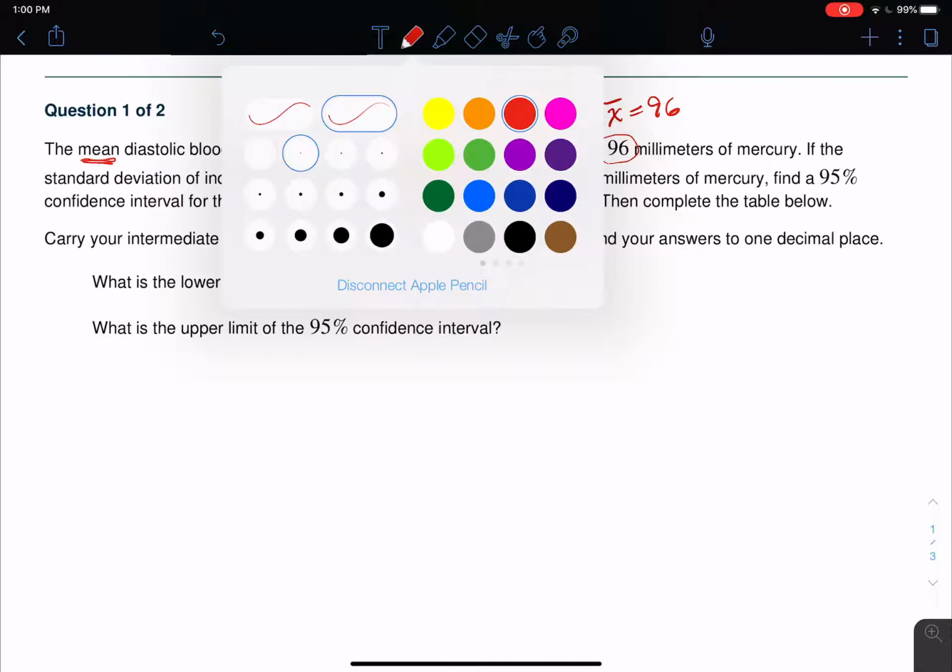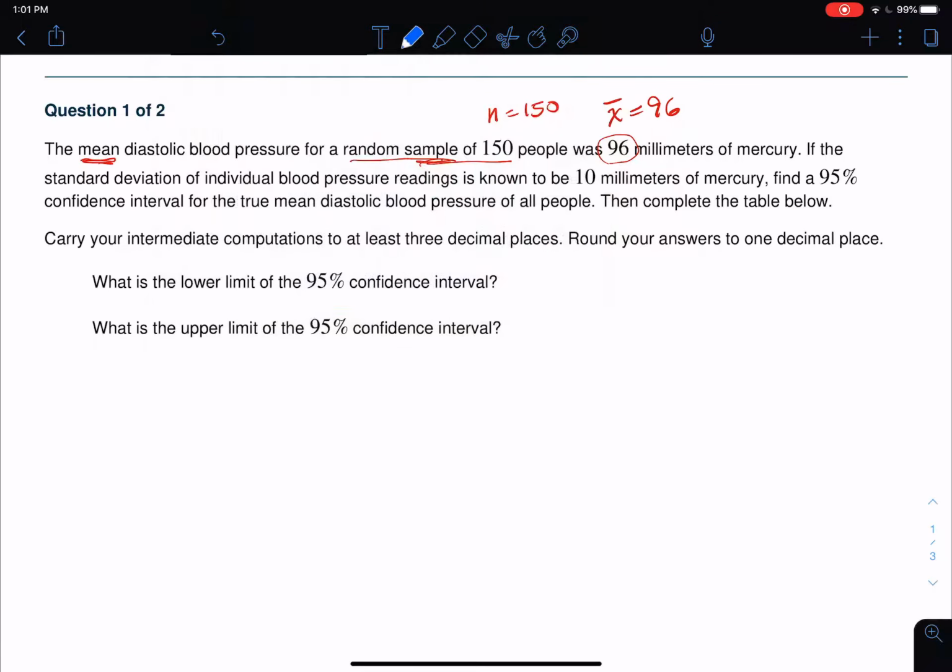Then it moves on to say, if the standard deviation of individual blood pressure readings is known to be 10 millimeters of mercury. If the standard deviation of individual blood pressure readings is known, then we know that this is actually coming from the population, because it says it's known.